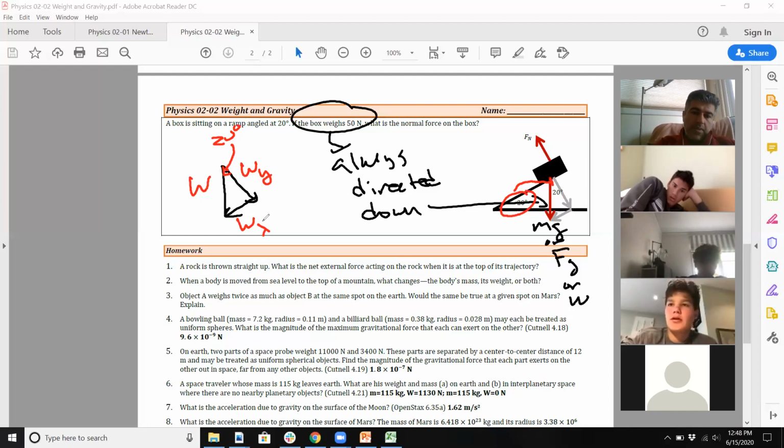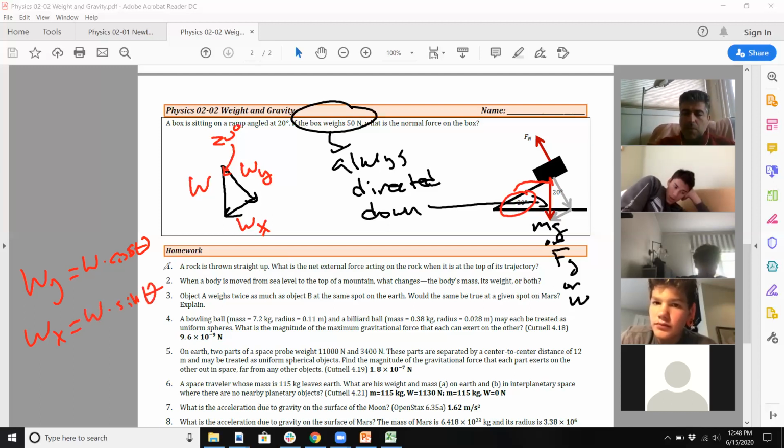So in this case, we would say that this weight in the y direction is actually going to be your weight times cosine theta, and the weight in the x direction is going to be the weight times sine theta. So a little bit counterintuitive to what we do with projectile motion.